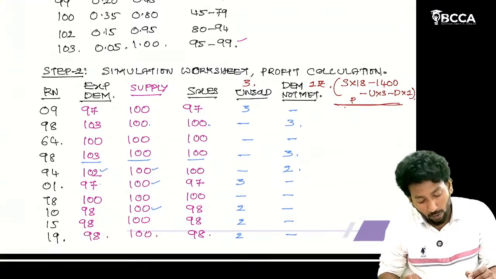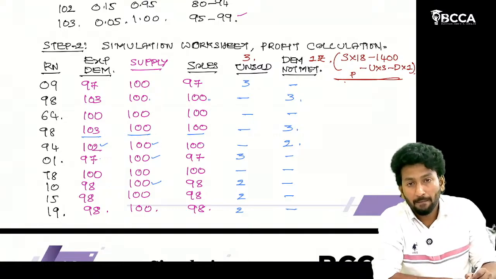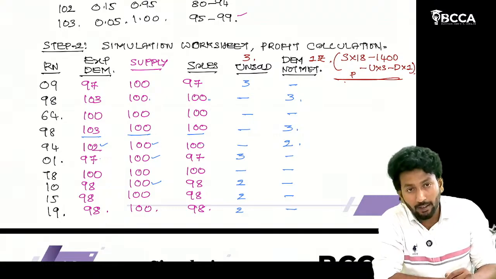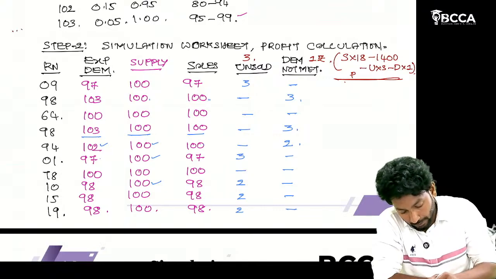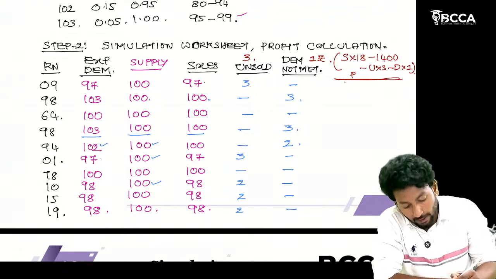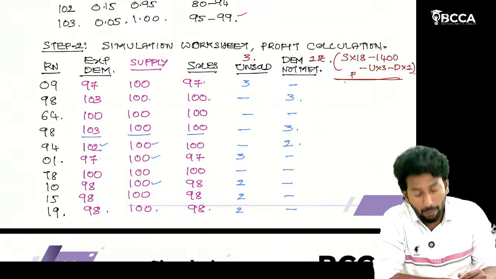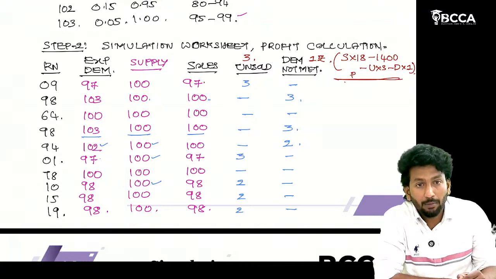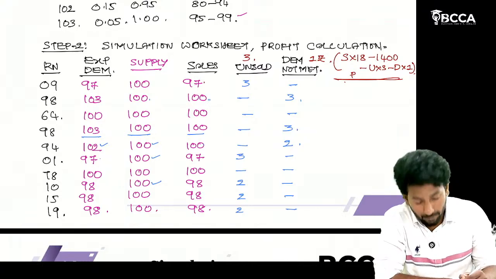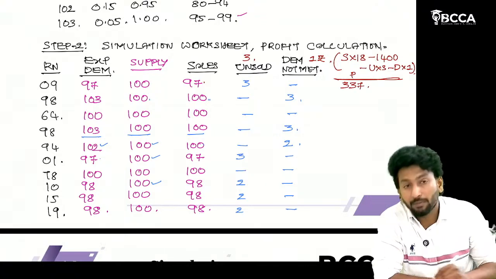How to calculate profit: sales 97 into 18, minus 1400, minus 3 into 3, 9. That gives 337 profit.